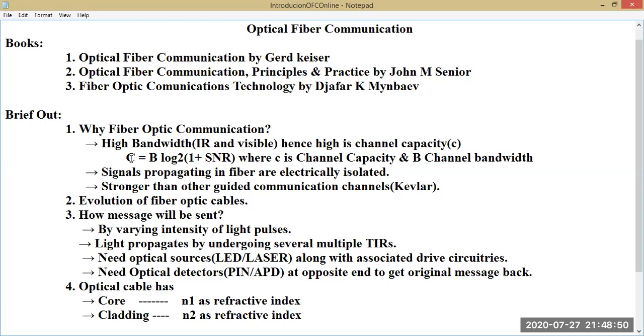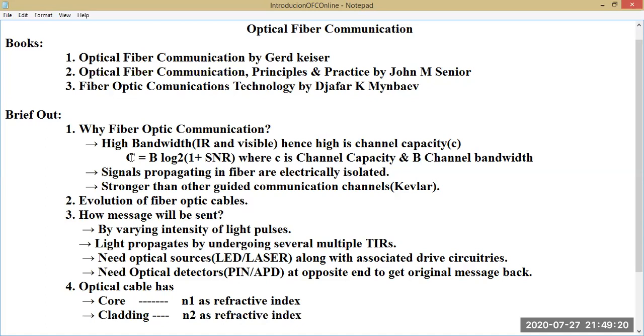With some dopants, you can either increase or decrease the conductivity, but raw silica is not a good conductor of electricity. That is the reason the signals propagating in the optical fiber cable are electrically isolated. This is the second point for using optical fiber cables.